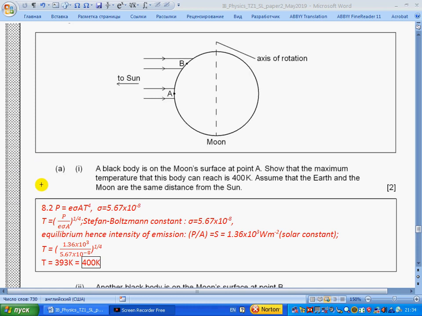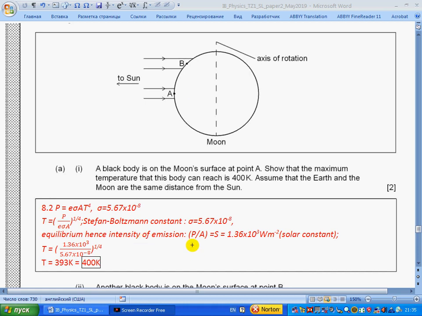Section 8.2 gives us the power of emission by an object at temperature T. We rewrite this formula for temperature by taking the fourth root of both sides and rewriting a bit. Sigma is the Stefan-Boltzmann constant. So how much power is emitted, so much power should be coming from the Sun, because we have equilibrium.